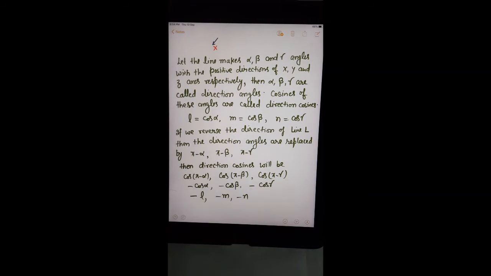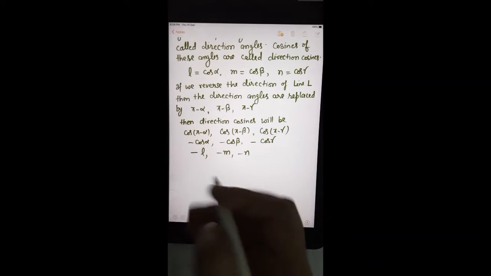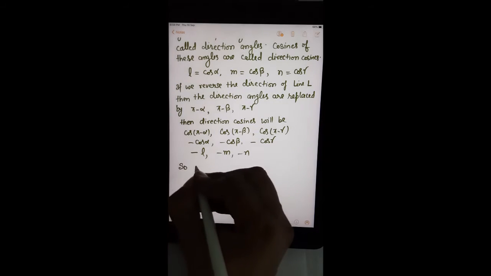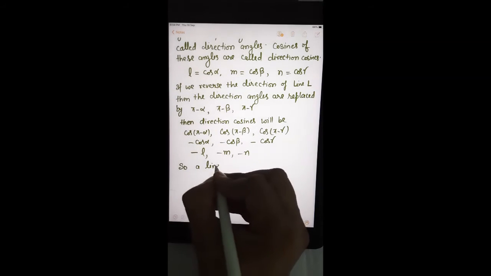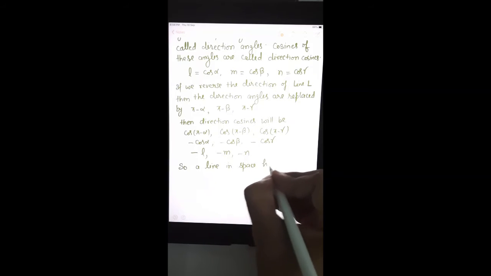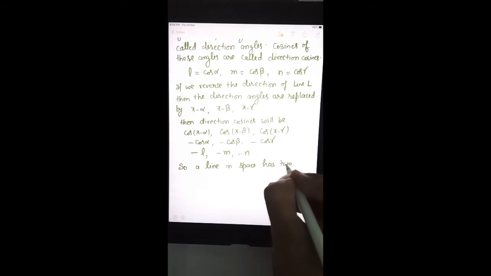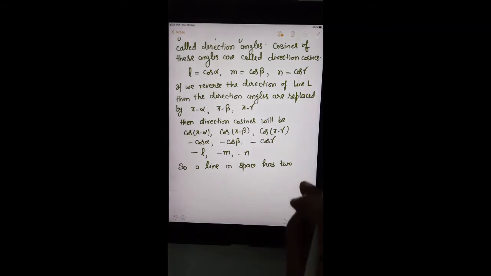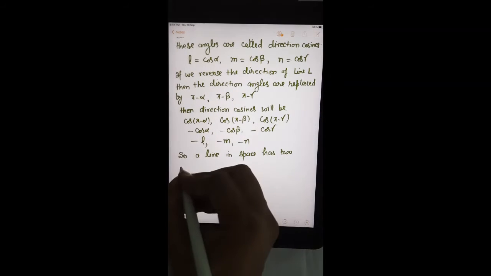So we can say that a line in space has two sets of direction cosines.